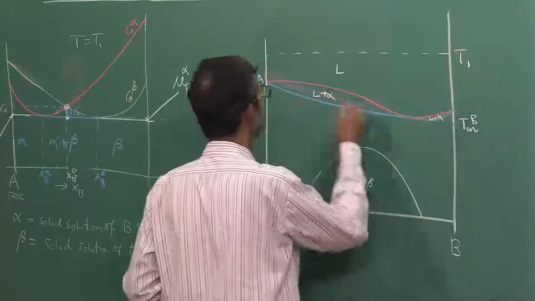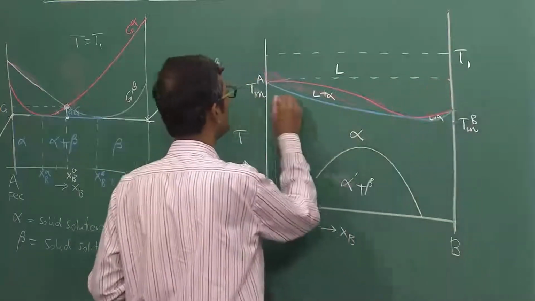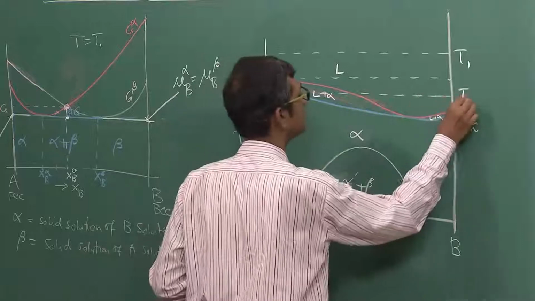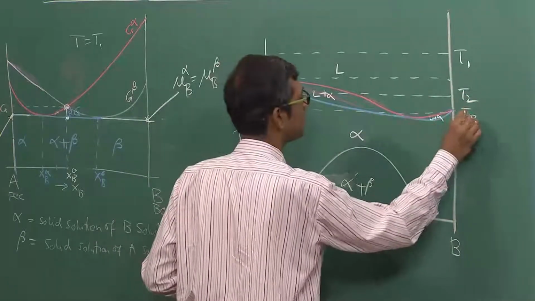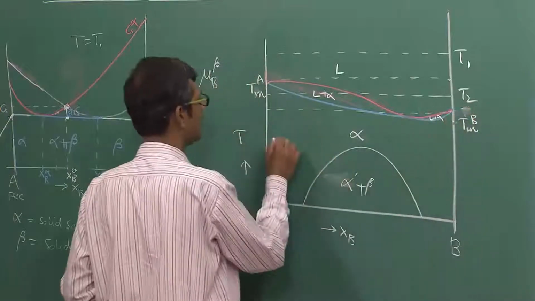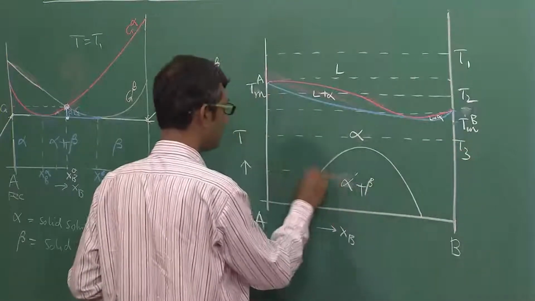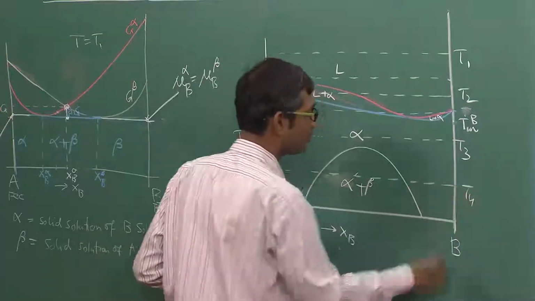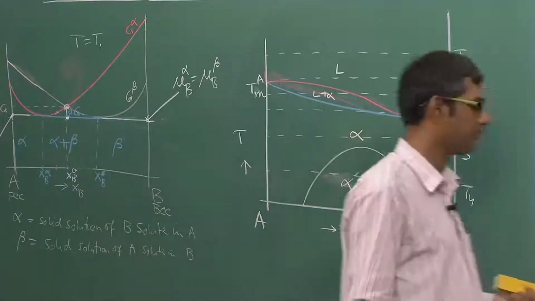This is at T1, this is at TMA, and this is, let us suppose, at T2. Then I draw it at TMB, and T3, and T4. So I have only increased one more temperature, from T1 to T4.